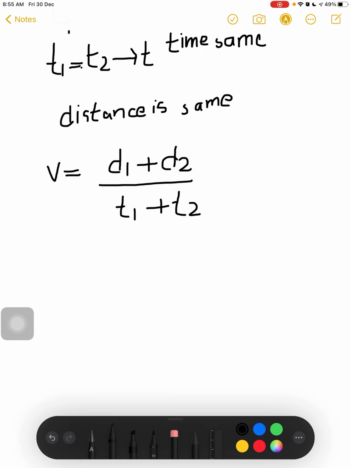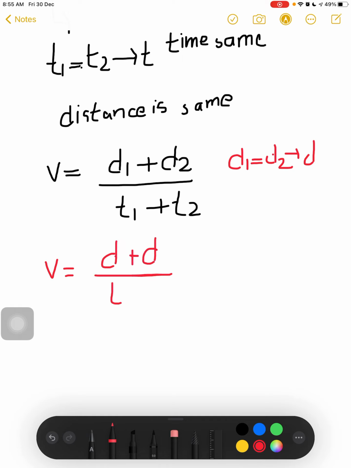Now we know that d1 is equal to d2 and they are equal to only d. So let's replace this. V is equal to d plus d upon t1 plus t2.